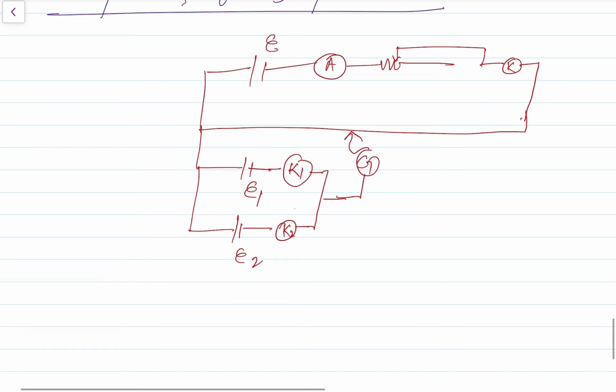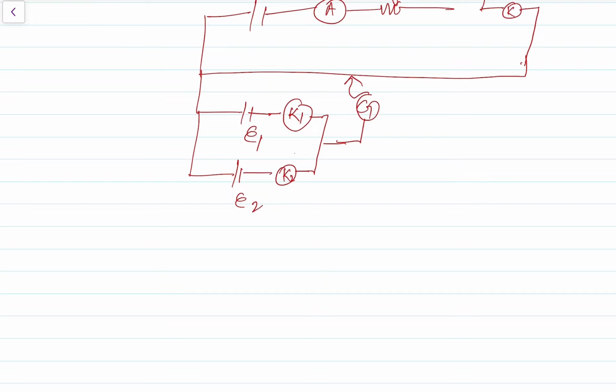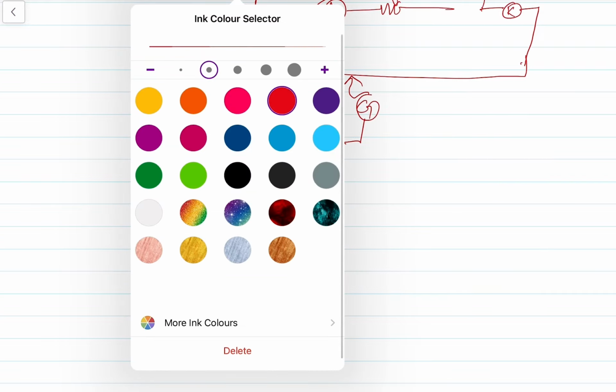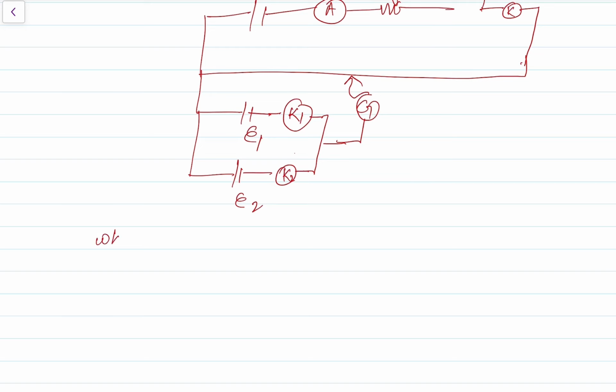Now let's take the condition when switch K1 is closed and K2 is open. So when K1 is closed and K2 is open, in that condition suppose null point is obtained at length L1.